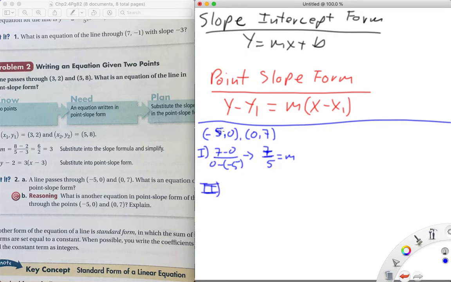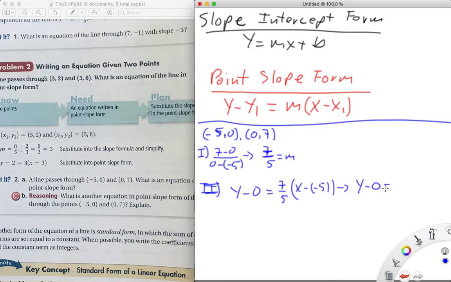If I choose the first point, I can say y minus 0 is equal to 7/5 times x minus -5, which gives me y minus 0 equals 7/5 times x plus 5.